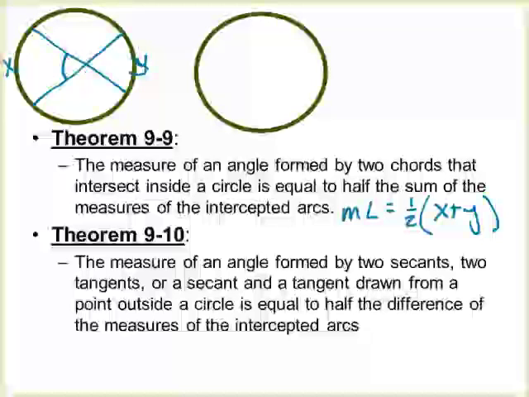It's a line that contains a chord extended beyond the edges of the circle. So secants are like chords that just keep going.